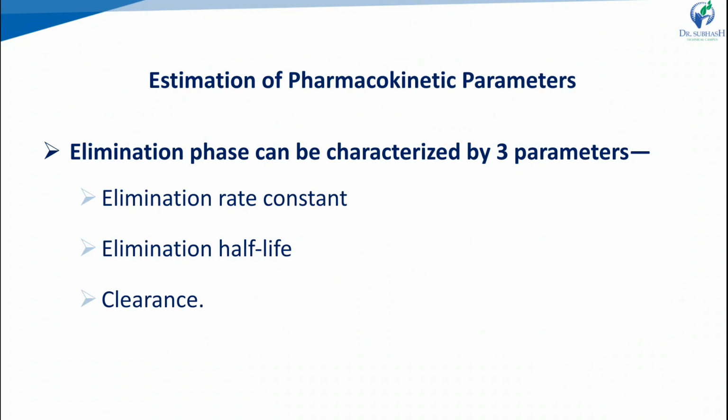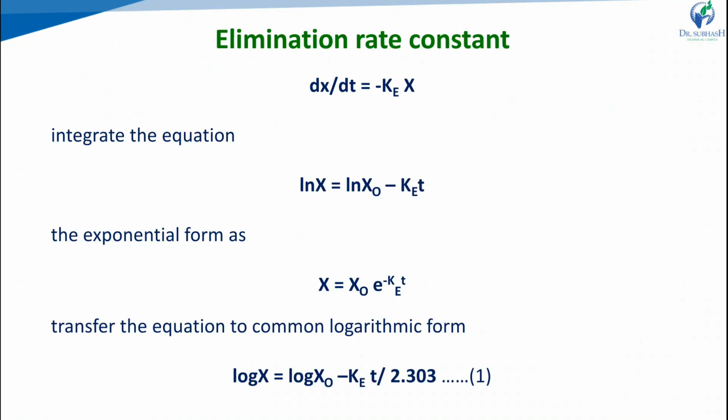So for estimating pharmacokinetic parameters, we only find the elimination phase based parameters. There are three: elimination rate constant, elimination half-life, and clearance. We will find them one by one.